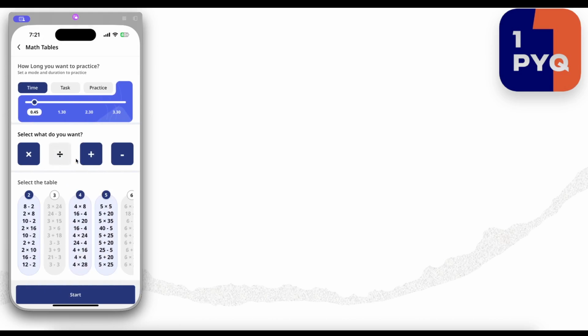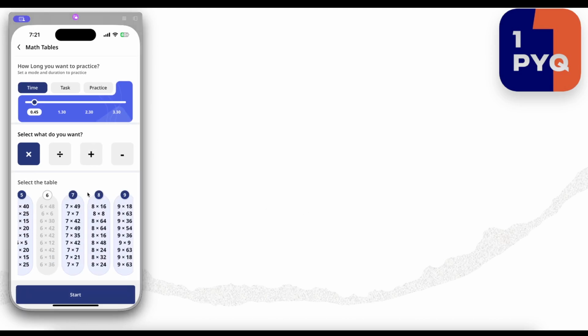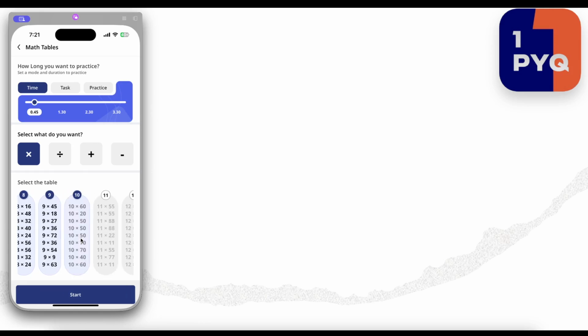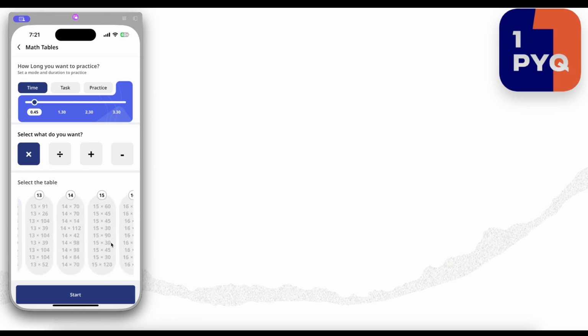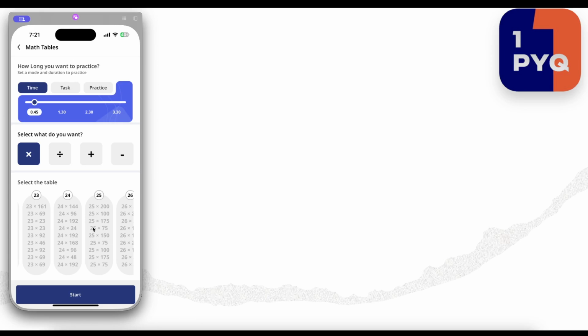We'll only be focusing on multiplication for now. As you can see, I can select the tables that I like the most or the ones which I'm weak at most. We will be choosing only those which we are actually very weak at.